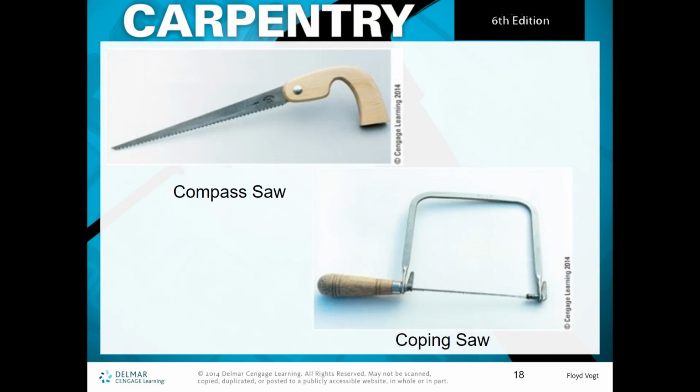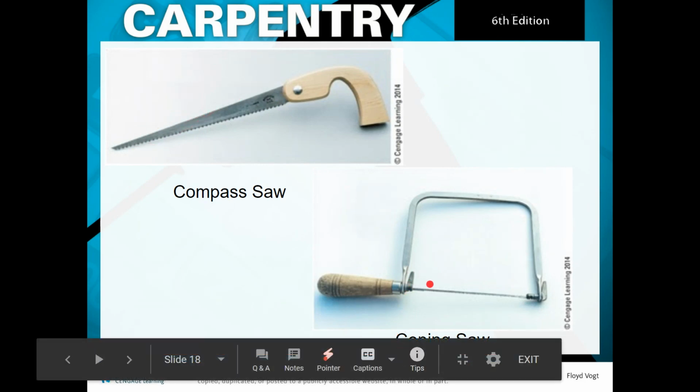So up top to the left, you can see a compass saw. And notice the way that the blade's set up. If this were a keyhole saw, it would be a little narrower, so you're able to cut holes with a tighter radius. Your coping saw on the bottom, these are used for cutting trim and stuff along those lines.